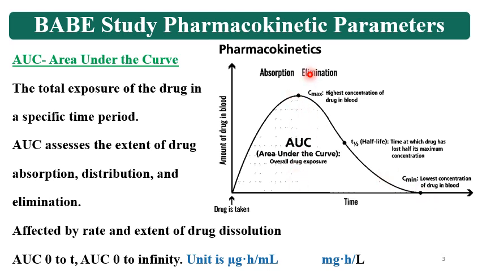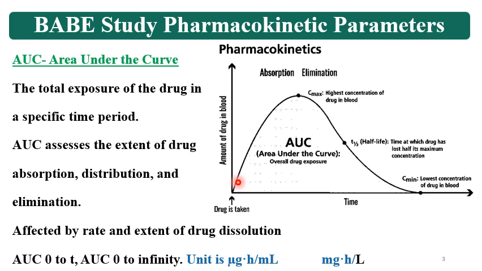If you split it in half here, you will find that till this point the drug is getting absorbed, and after completion of the absorption the drug starts eliminating from the body. So this is the Cmax. We will see this in the upcoming slide. So AUC gives you the information regarding the extent of drug absorption, distribution and elimination.